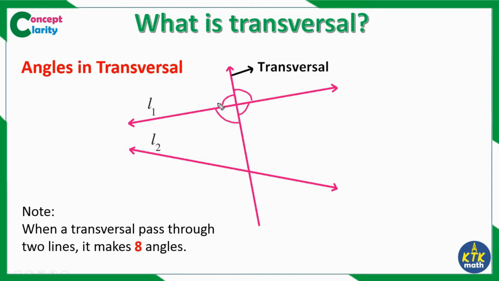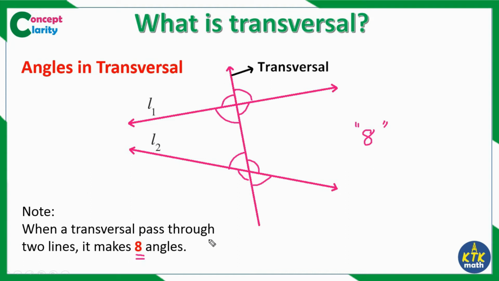So there are four angles at this intersecting point. In the same way, it is going to form four different angles at the other point: 1, 2, 3, 4. So whenever a transversal intersects two lines, it is going to form 8 angles. When a transversal passes through two lines, it makes 8 angles.